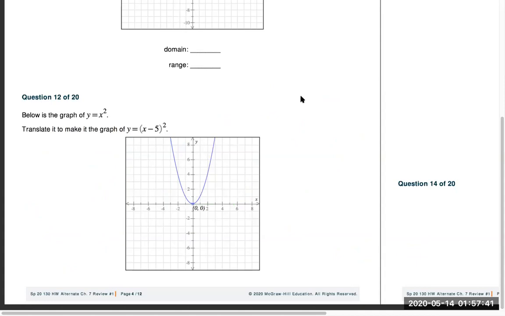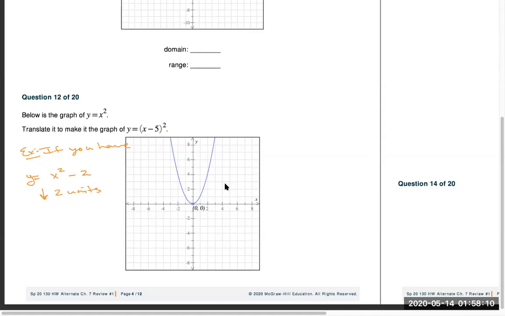Let's add one extra example here. If you have y equals x squared minus 2, then that means you move down by 2 units per our last discussion.